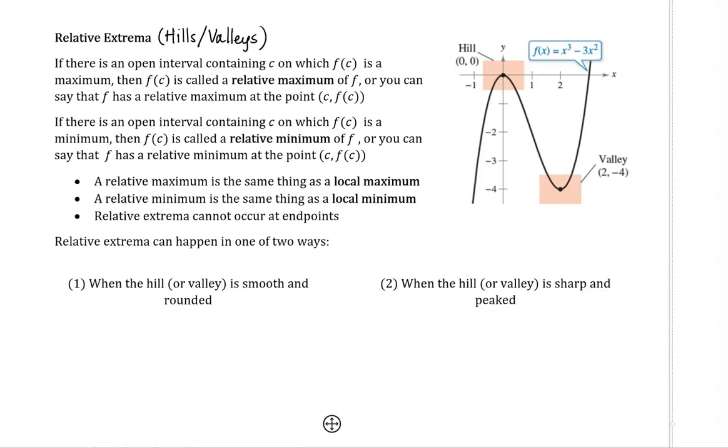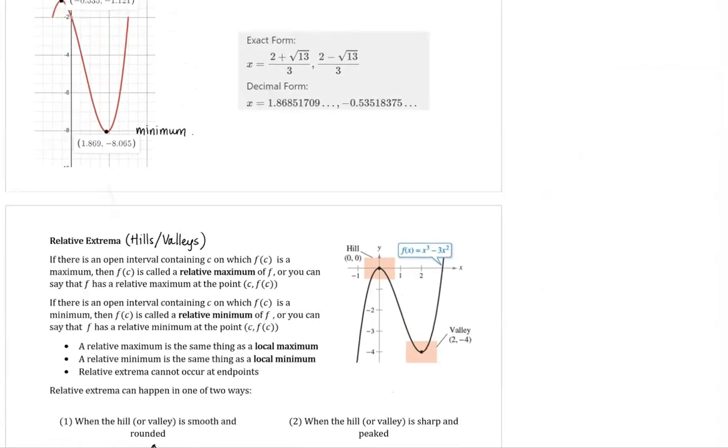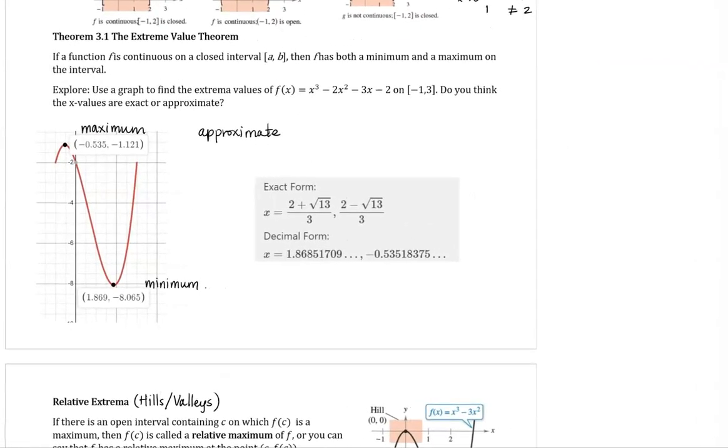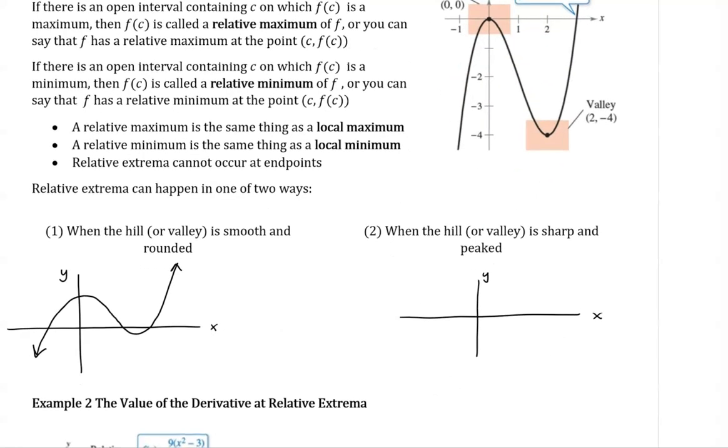There are a couple of ways we could have these relative extrema. I'm going to consider two different scenarios. We could have relative extrema at hills and valleys that are smooth and rounded, just like in this example. We have a smooth rounded relative maximum and a smooth rounded relative minimum. Same here, a smooth hill goes into a smooth valley.